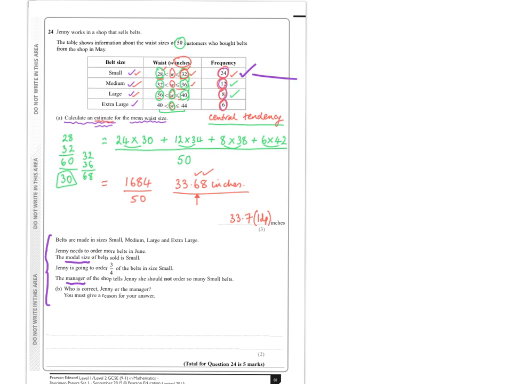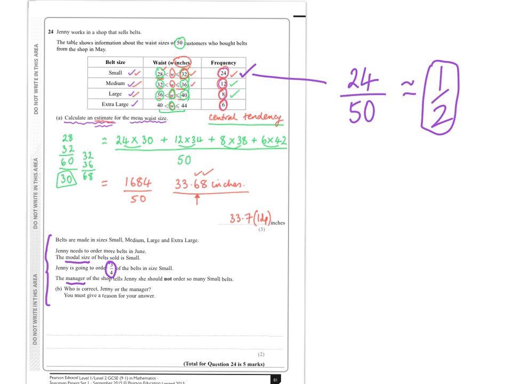Well, if you think about it, there was 24 small belts sold out of the 50. Now that's roughly half. Okay, so roughly half of the belts sold were small. And Jenny is intending to make a purchase and have 3/4 of them being small. But if you think about it, if only a half of them were selling as small, that's still quite a good majority, but you wouldn't want to necessarily get 3/4 of your stock as small, would you?